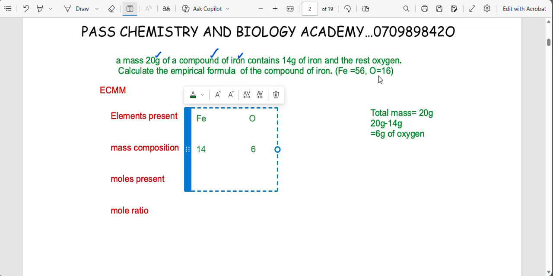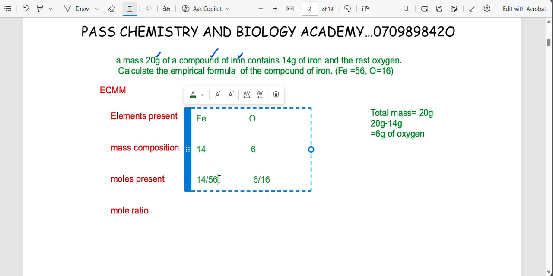That's why I'm going fast now. So you come here on the line of oxygen and you write simply the grams, they are 6. After that, you're going to come to the moles present. What do we do on the moles present? You divide by the mass numbers given in the brackets. Here they told us iron Fe is 56, oxygen O is 16.